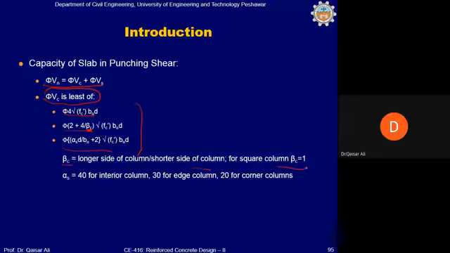For a square column, this is equal to 1. And αs is 40 for an interior column, 30 for an edge column, and 20 for a corner column. Most of the time, the first equation will give you the least value.